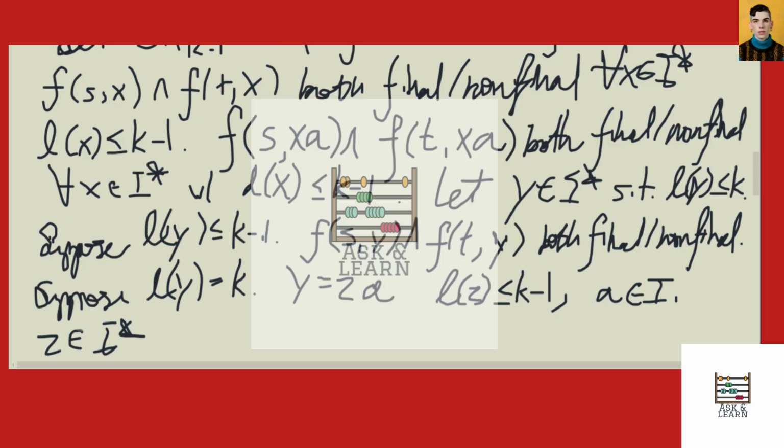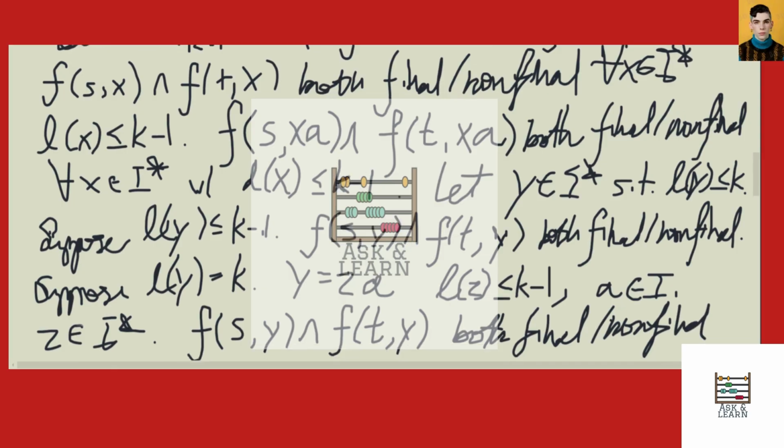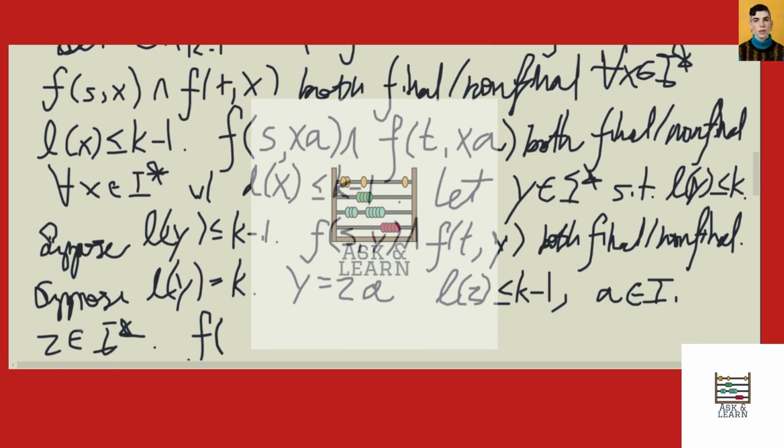and so it follows that f of s y is equal to f of s za, which is equal to f of s a z, and we have that f of t y is equal to f of t za, which is equal to f of t a z.